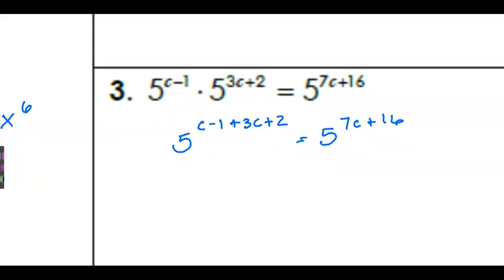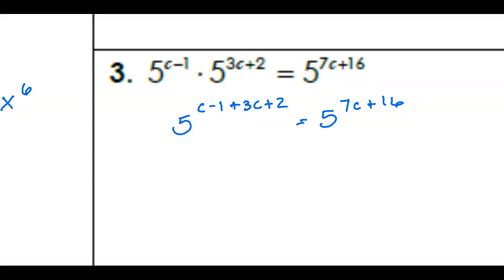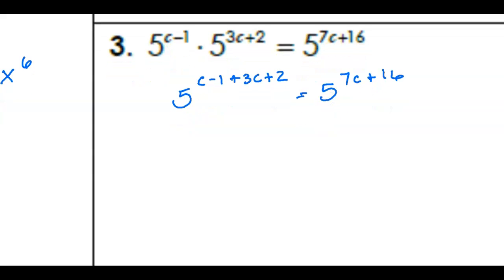What do you think we can now do? Now I have an exponential set equal to an exponential. They have the same base. What can I do? We can just set c minus 1 plus 3c plus 2 equal to 7c plus 16.